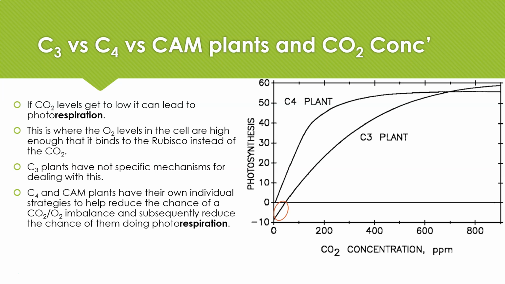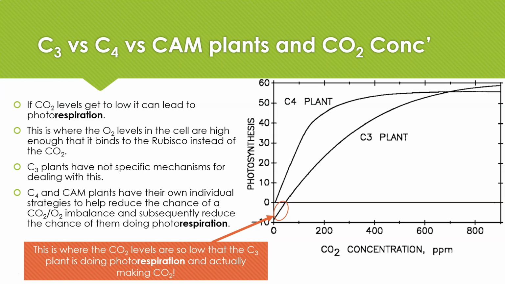Now, if you look on the graph, you'll see a little bit that's been circled. This is where photosynthesis almost looks like it's going backwards, because the rate of photosynthesis is now below 0. What we're talking about here is where the carbon dioxide level is so low that the C3 plant is actually doing photorespiration and making carbon dioxide. So this is actually a problem for it. It's doing the wrong thing.